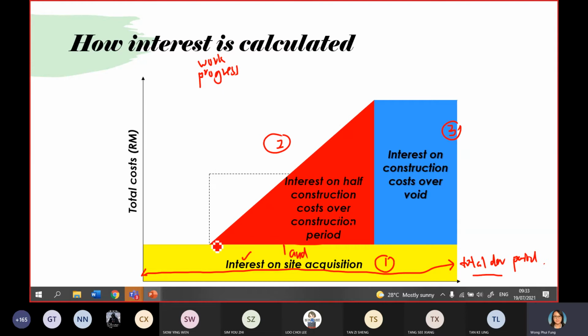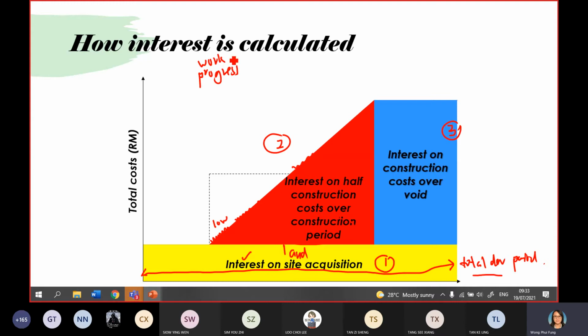At the very beginning of the project, the cost incurred is very low, because at the beginning maybe you just start to do foundation, piling. Then after that, you start to do your substructure, then your superstructure. So your work is based on progress, and to be fair, the banker will not charge one lump sum.